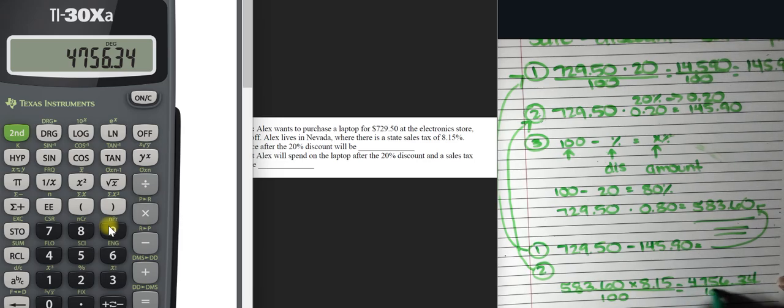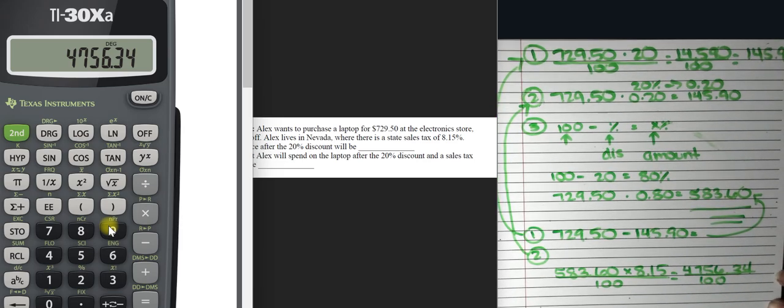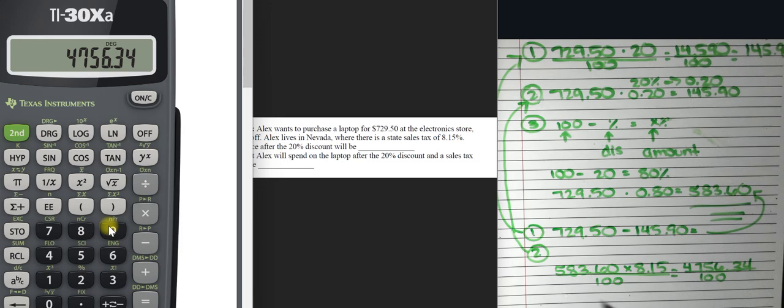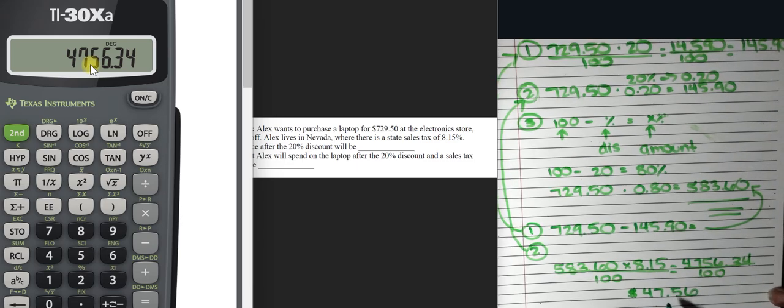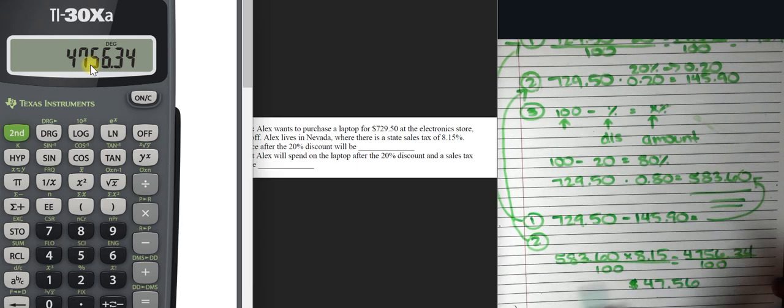And then remember, you need to divide it by 100. So once you divide it by 100, remember, you're just shifting the decimal 2 places to the left. And so it becomes $47.56. So $47.56 is the tax. So that needs to be added to your sale price.